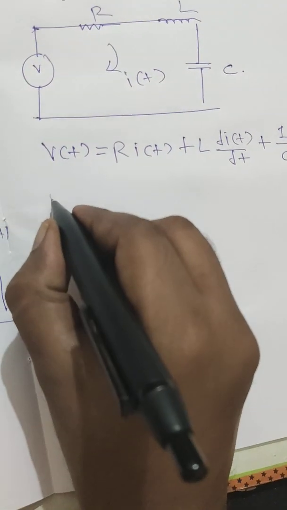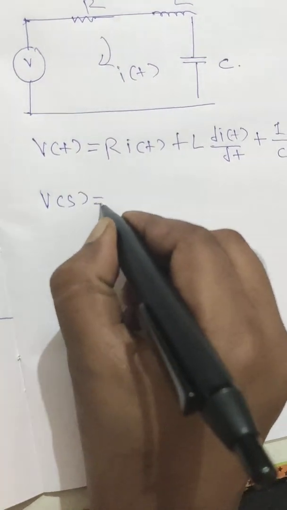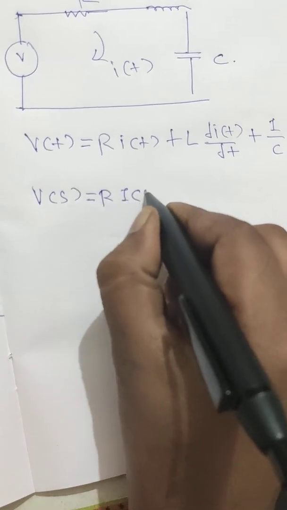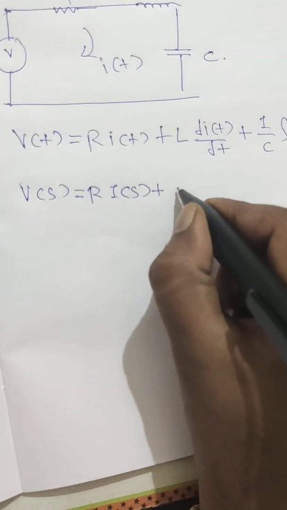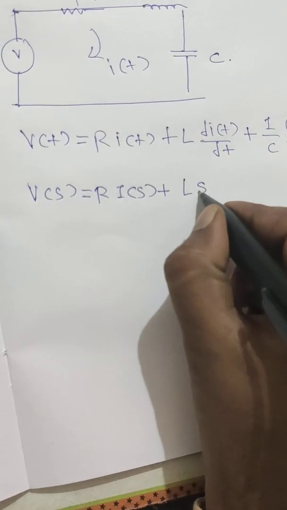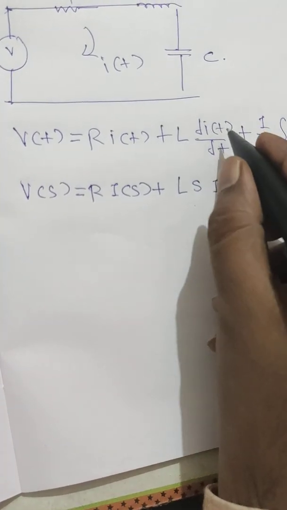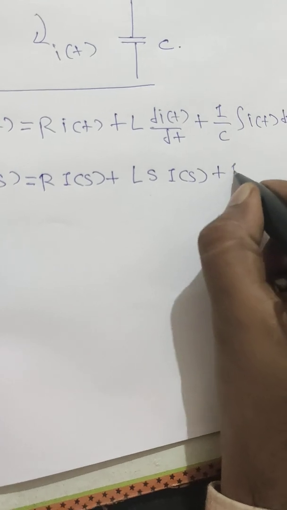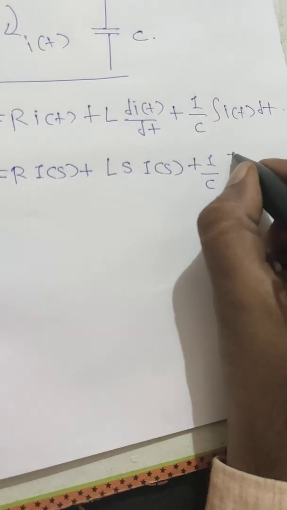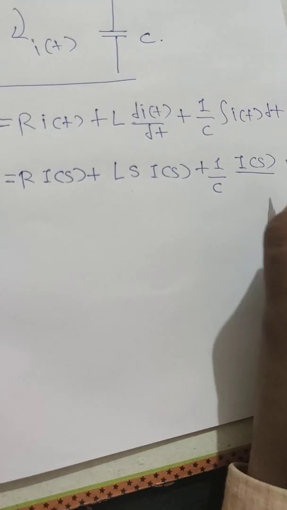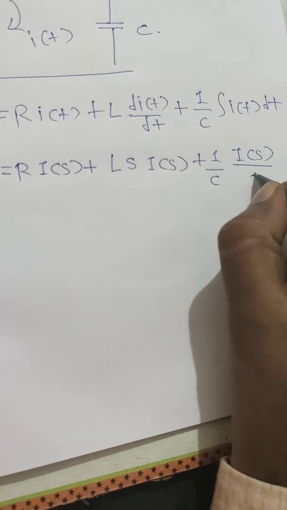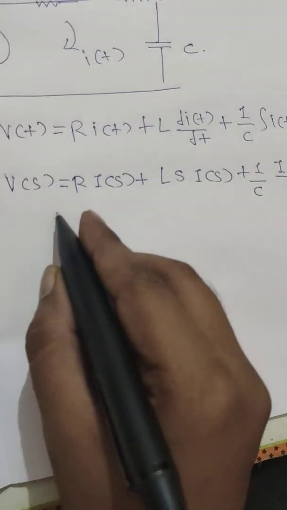Applying the Laplace transform to this, we get V of s equal to R into I of s plus L into s into I of s, d by dt replaced by s, plus 1 by C, and for integration we have the term s in the denominator, I of s upon s.